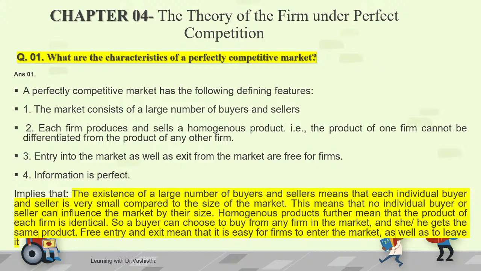Homogeneous products means the products of firms are identical, as we already discussed. So there is a complete choice for the buyer for the replacement of a product. If a buyer doesn't want a particular firm's product, the buyer can go to another firm, because he or she will get exactly the same quality at the same price. So there is complete freedom and a kind of fairness.